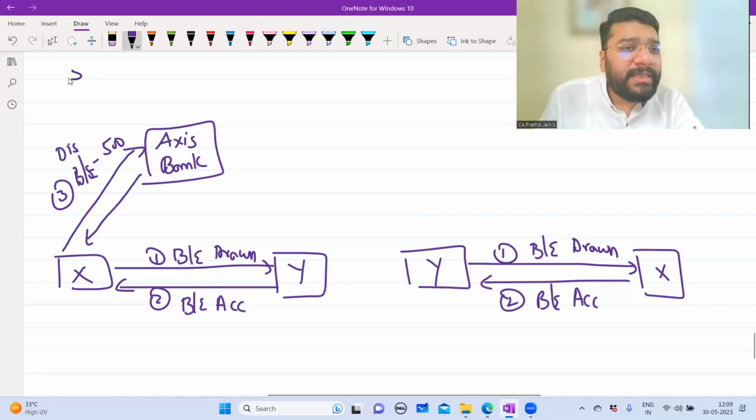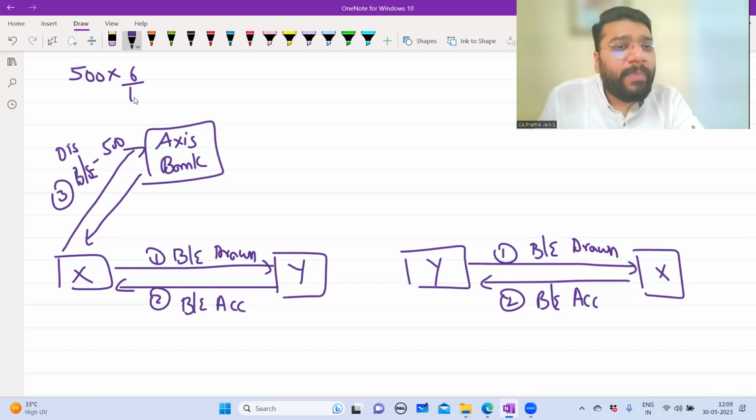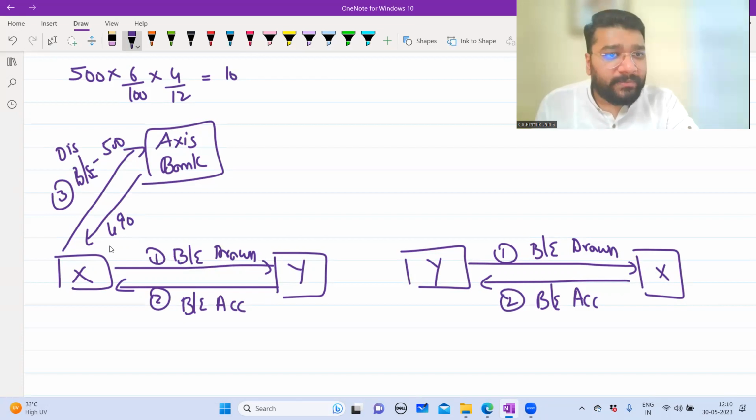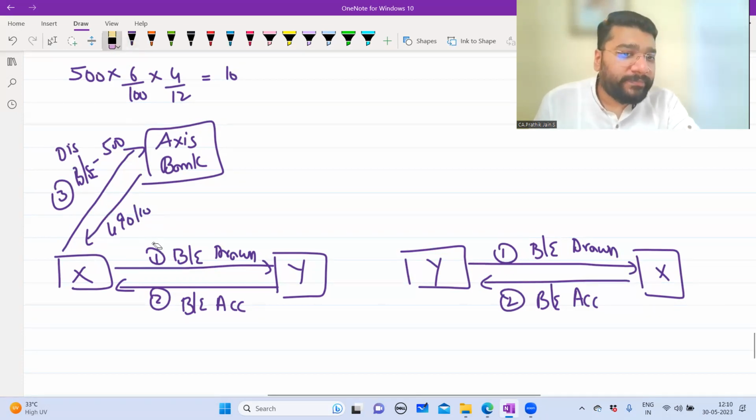So what is the discounting charge? 500 rupees into 6 by 100 into 4 by 12. What is the amount? Calculator. 10 rupees, which means 490 rupees is what X is receiving. So X is enjoying 490 rupees, and 10 rupees is discounting charges.